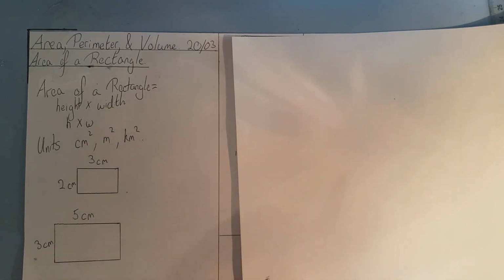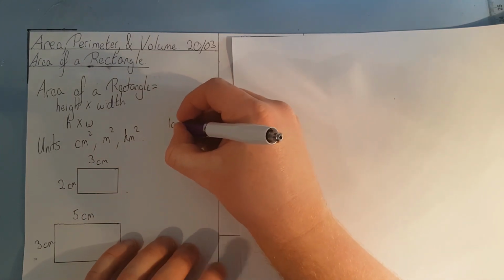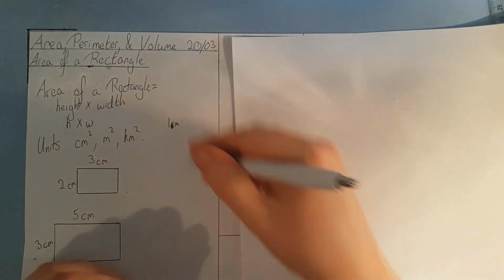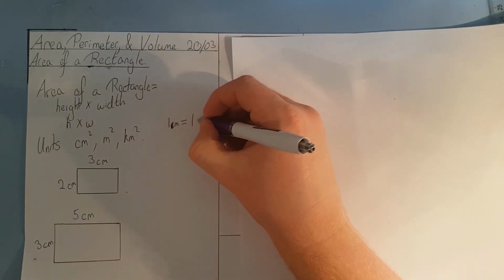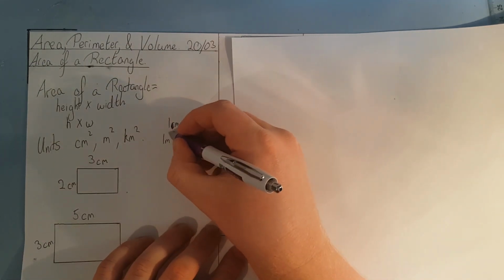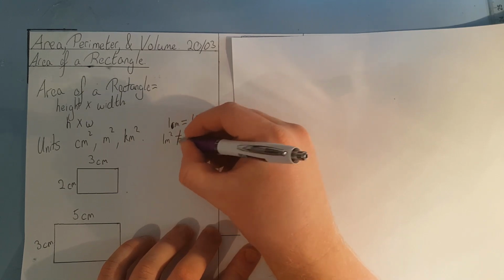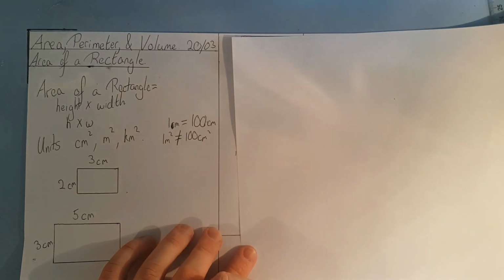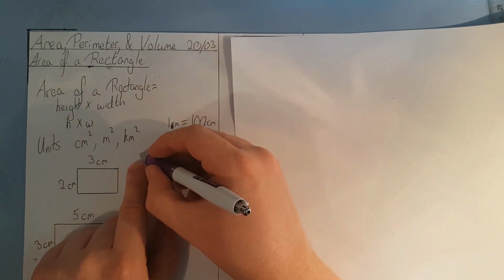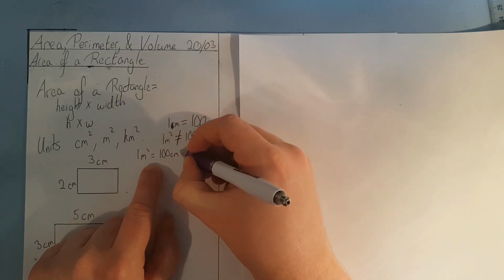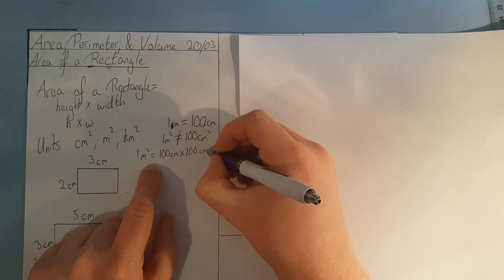Now, the other thing you need to keep an eye on here, girls, is that, yes, 1 meter equals 100 centimeters, grand, but 1 meter squared does not equal 100 centimeters squared. 1 meter is 1 meter. 1 meter squared is the same as 100 centimeters by 100 centimeters.